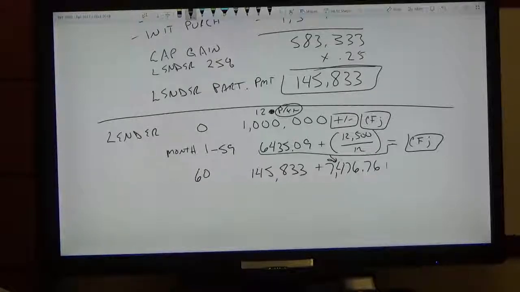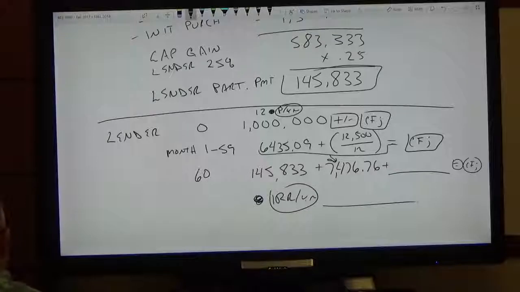Plus the mortgage balance, and then that's going to be the final cash flow, and then you're going to solve for internal rate of return, and that's going to give us the effective cost of borrowing from the lender's perspective.